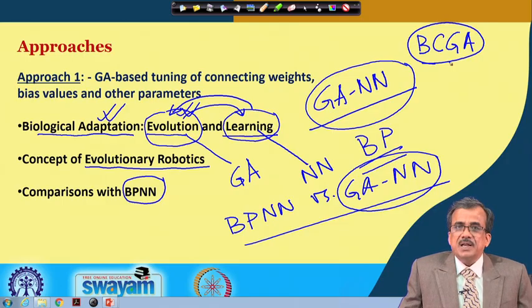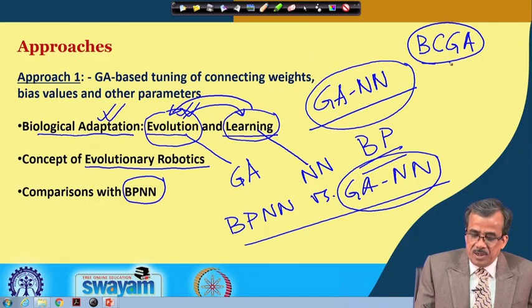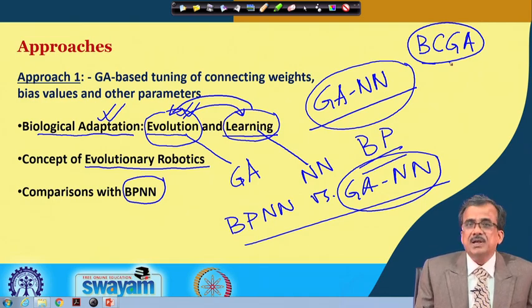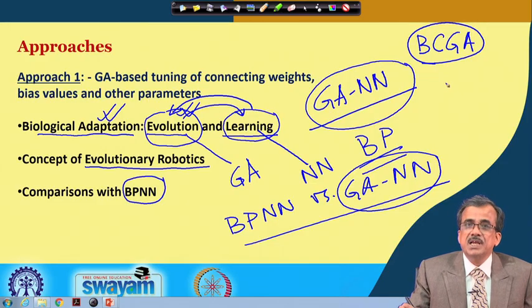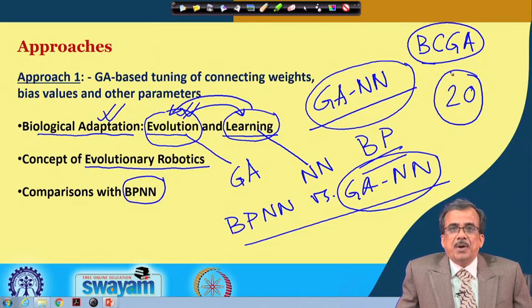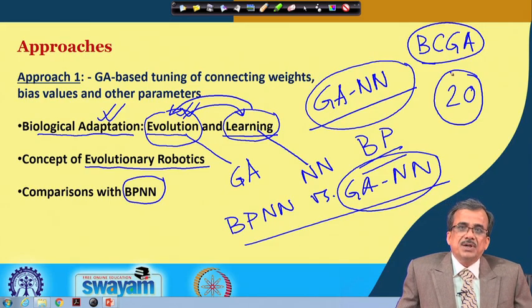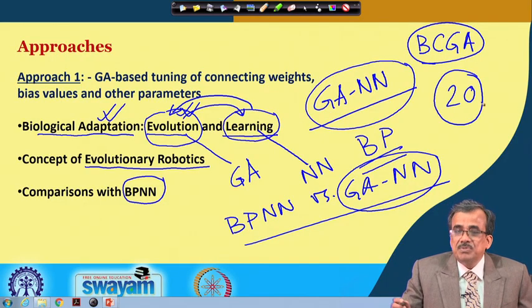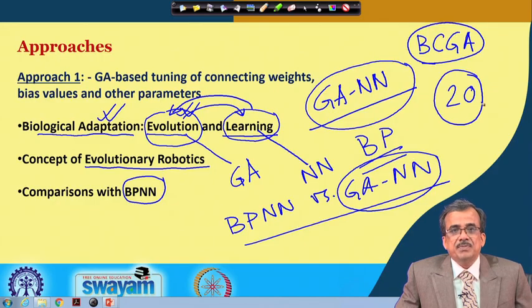Here, let me take a very simple example. Supposing that I am going to optimize a neural network, and let me assume that there are, say, 20 variables in this network. If I want to optimize the performance of this neural network, I will have to find the optimal values for each of these 20 variables.